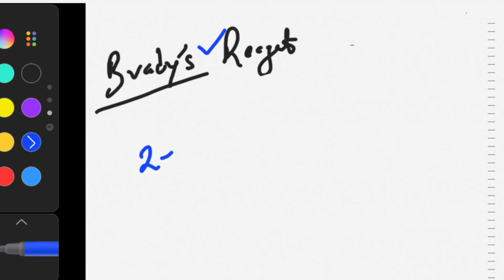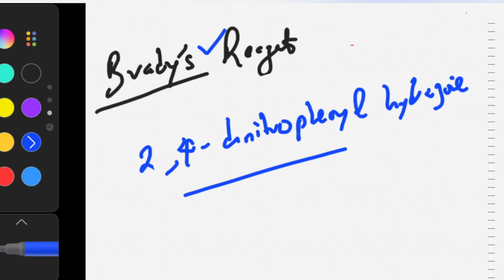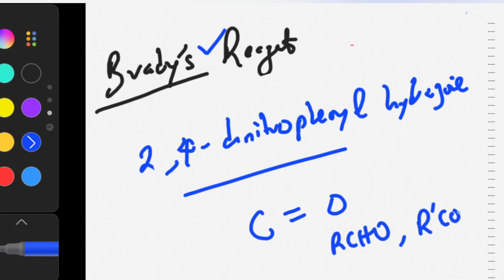So 2,4-dinitrophenylhydrazone is the derivative of an aldehyde or a ketone, and you know the carbonyl group is responsible for the reactivity of the aldehyde RCHO or the ketone RCOR.